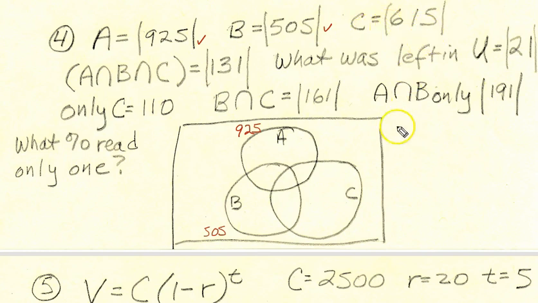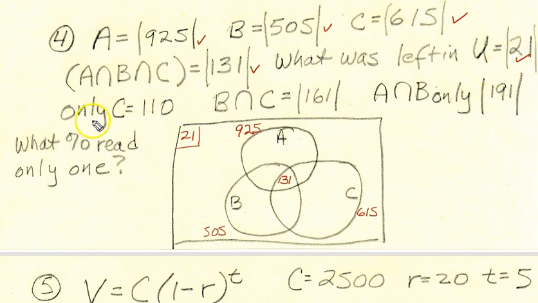C is 615, and now I've done that. Now they're showing us the cardinal number of intersection of A, B, and C, which is right here, is 131. So I put that in, and now I've done that. And what was left in the universe is 21, so I put that there. It's kind of a little reference here.